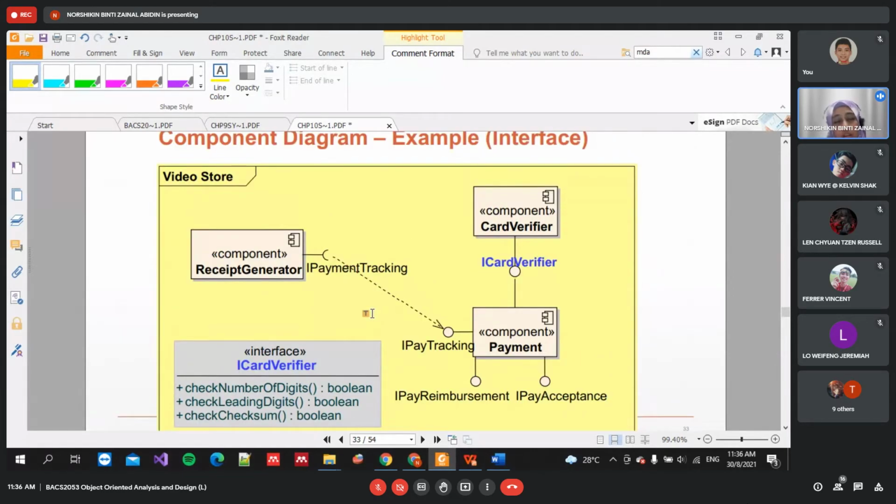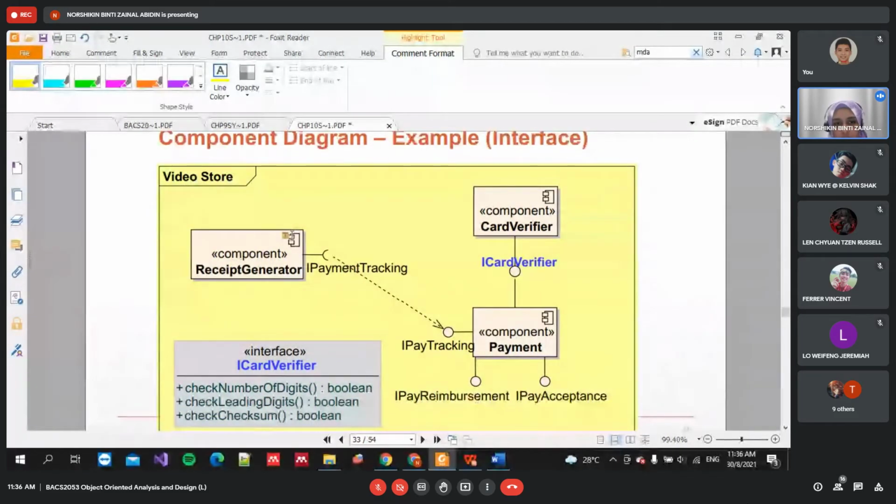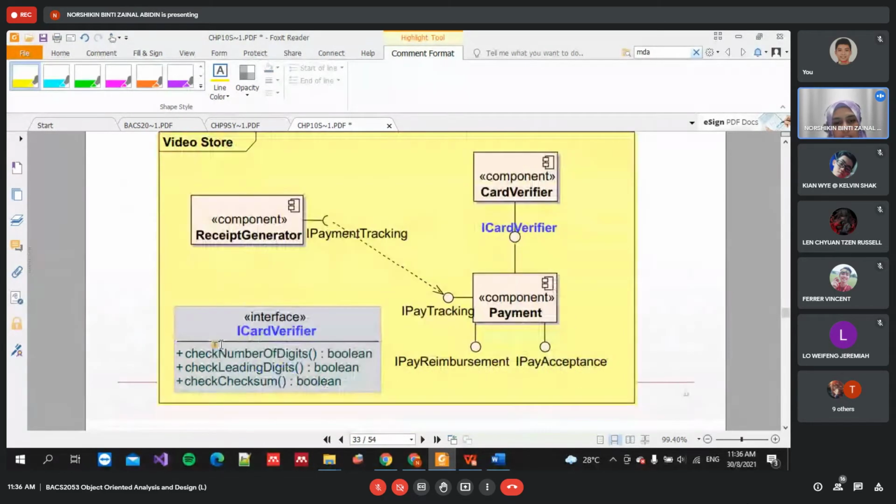This is a component diagram that shows the components needed to perform one function, reimbursement, pay acceptance. So this is the component, and this is the component related to the payment component, and this is the function. I assume you know how to read this.